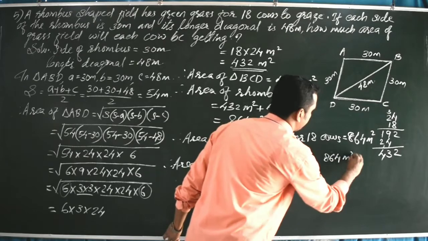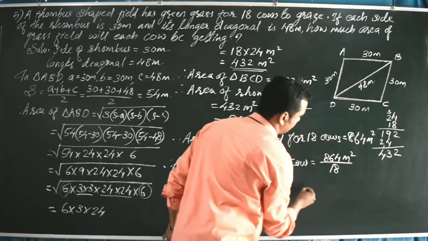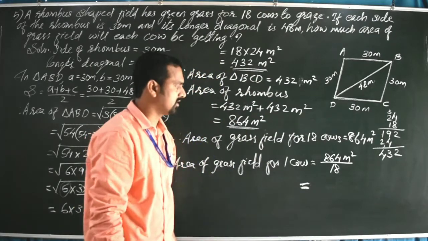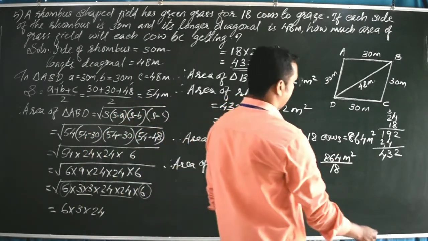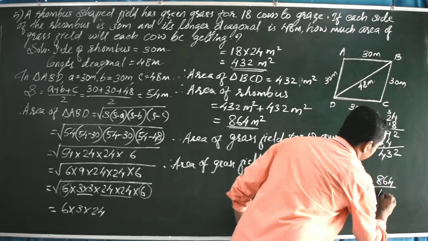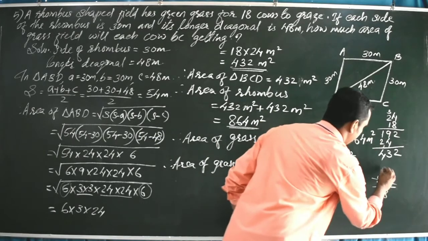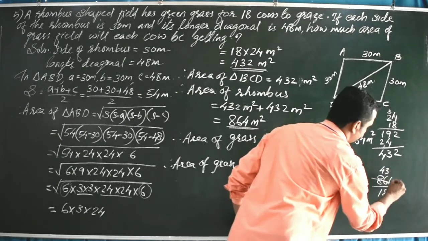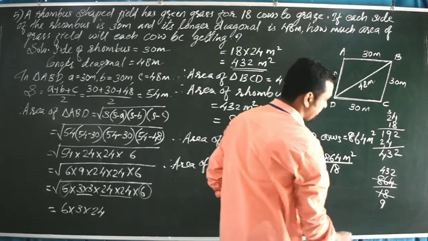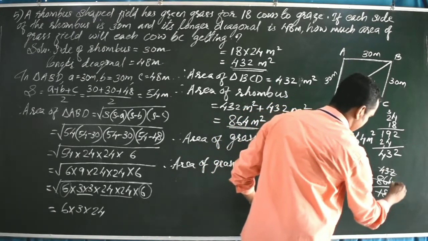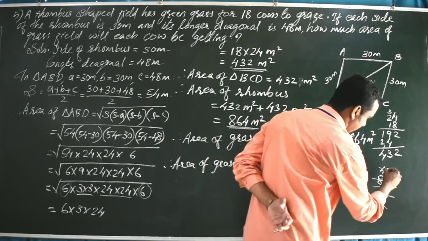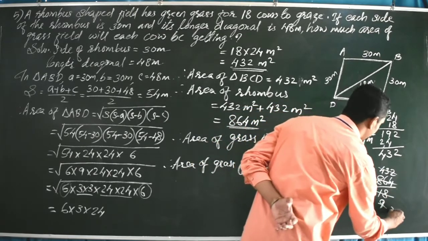864 meters square divided by 18. We have to divide it by 18, then we will get the answer. So 864 divided by 18. Now cancel this one. 864 divided by 2, 18 divided by 2. 4 2s are 8, 3 2s are 6, 2 2s are 4. 18 divided by 2, that is 9. Let's try to divide 9 by 3, it will come 3.